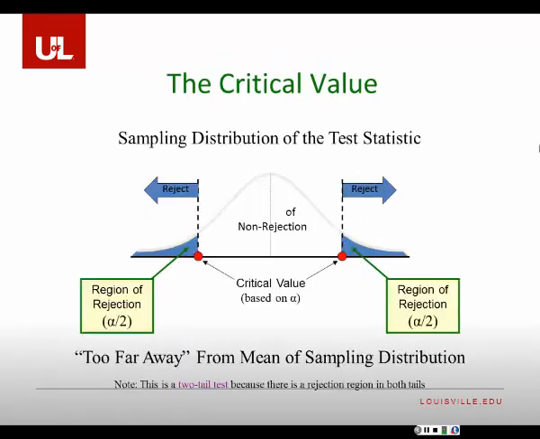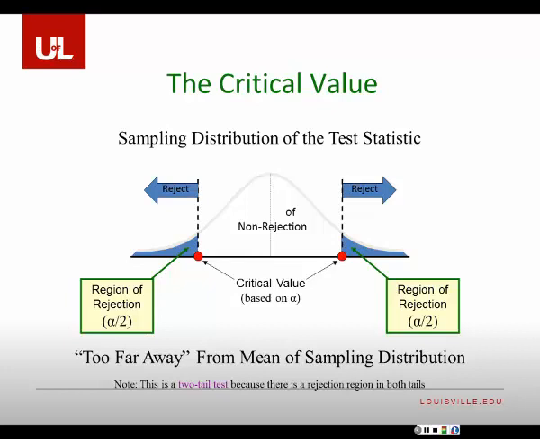Alright. So our sampling distribution of the test statistic, if we're doing a two-tailed test, so that means an equal to or not equal to test, and we come up with a test statistic, an observed t. If that test statistic falls into one of these blue regions, that means that we're far enough away from the claim that we don't think that the claim is true.